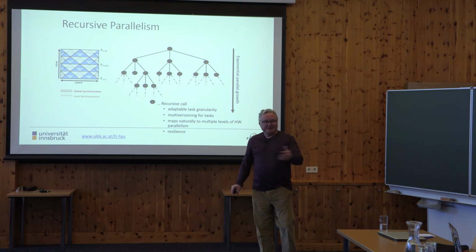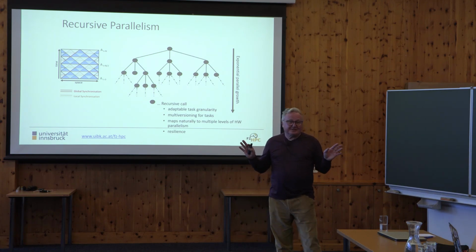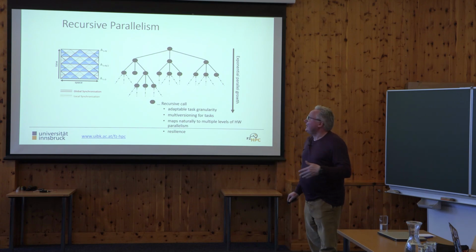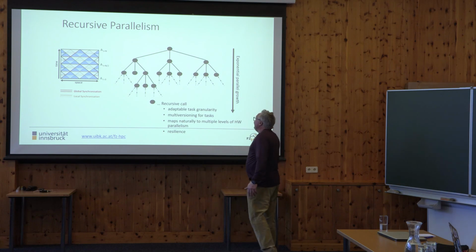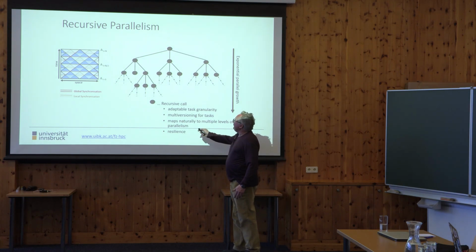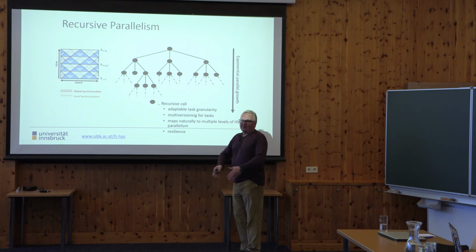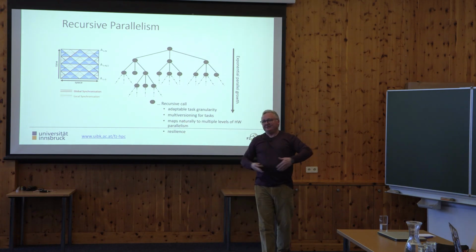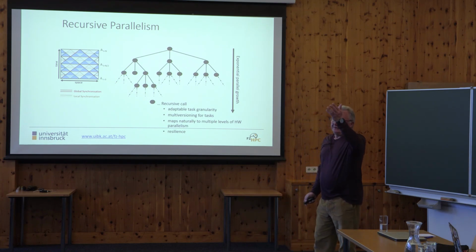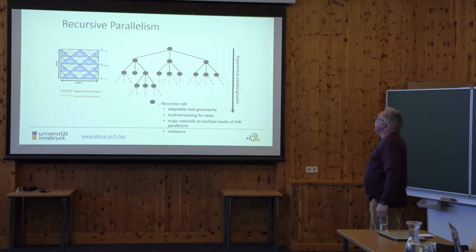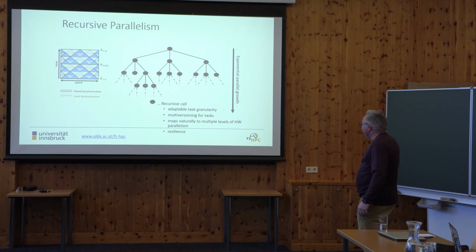In the last couple of years, a lot of people talk about task parallelism and how to support it. In a recursive task parallel model, you are very flexible. You can stop the task here, and for others, you go down and make it more fine-grained. If something goes out to a GPU, you can make it more fine-grained. If you stay up at the node level, you can make it more coarse-grained.